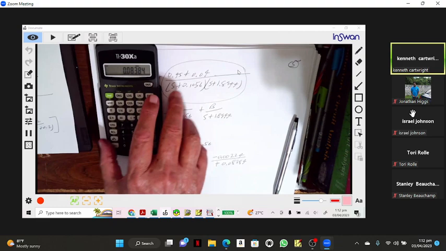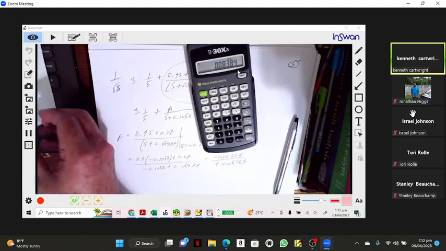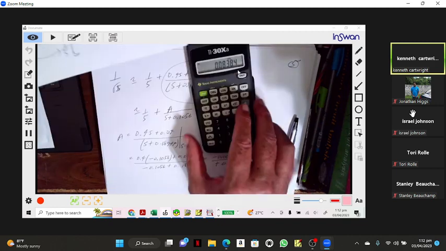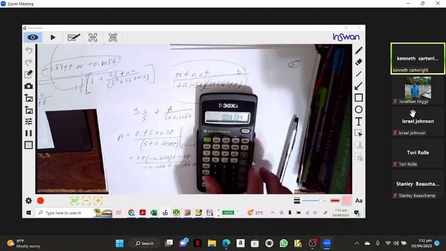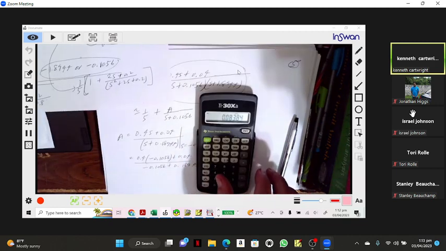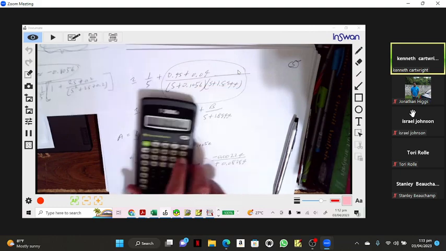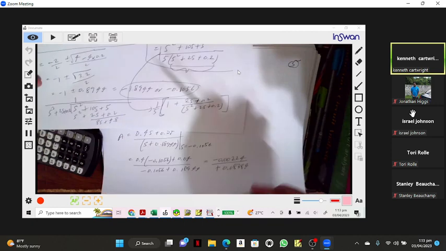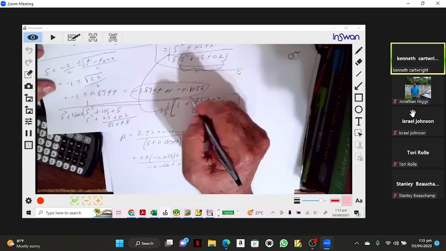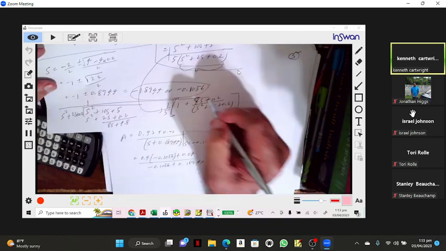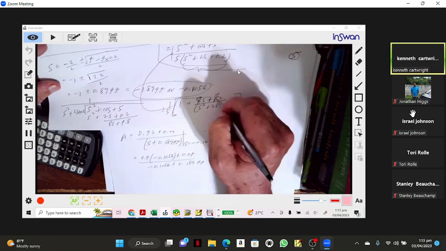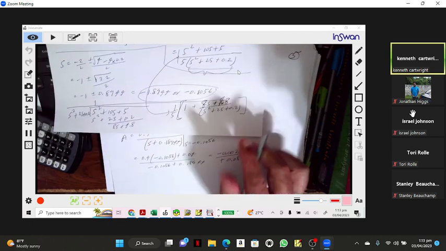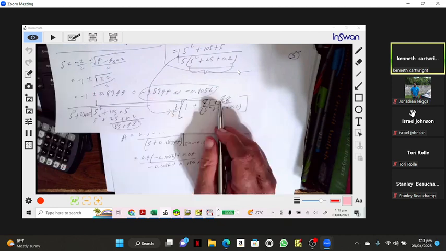Oh, okay. I see where I went wrong. This is supposed to be 8S plus 4.8, because it's the answer here that goes up here.